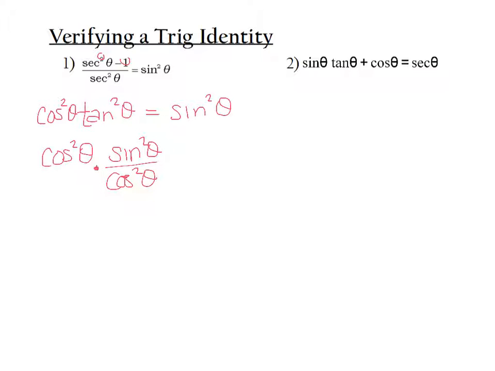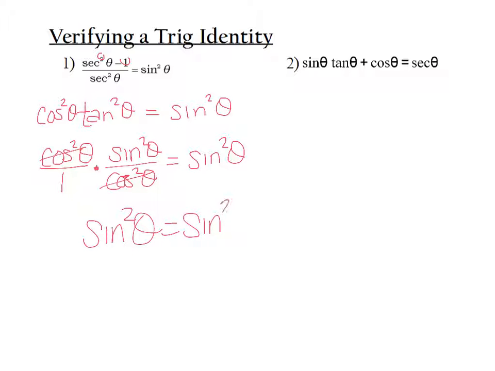Remember that you're multiplying, and this I could put over 1. And it would appear that my cosine squared thetas would cancel out. And if they cancel out, I think I'm left with just sine squared theta. And I've done it. I've verified that identity. I've shown that both sides are the equivalent of sine squared theta. Both of them are that.